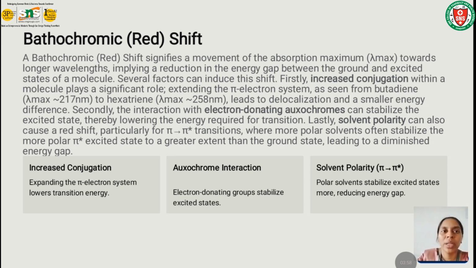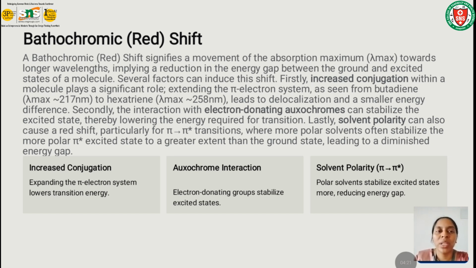So what is happening if we consider our compound to have all these characteristics, which means our compound is going to be stable in the excited state for a longer duration of time, then there is a possibility that it can absorb wavelengths that are longer than the usual ones.